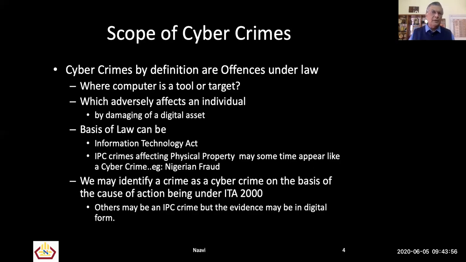Either the computer should be the target of an offense or it should be the tool of offense. And the offense is related to the existence of a certain law. Unless a law says that doing this is an offense, it doesn't become a cyber crime. So whenever a computer is affected, it was considered as a cyber crime.